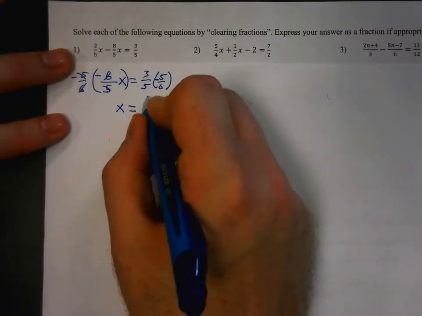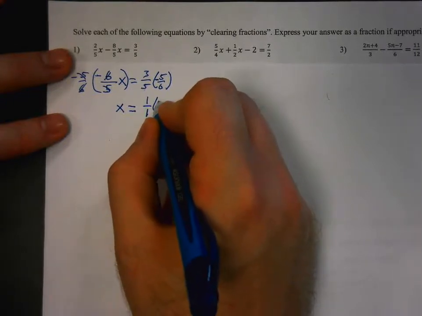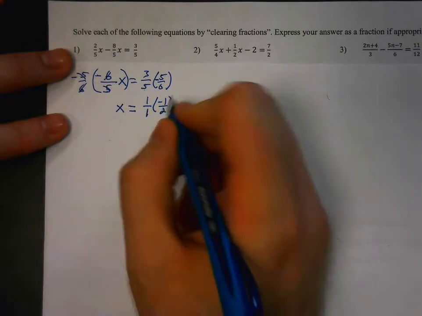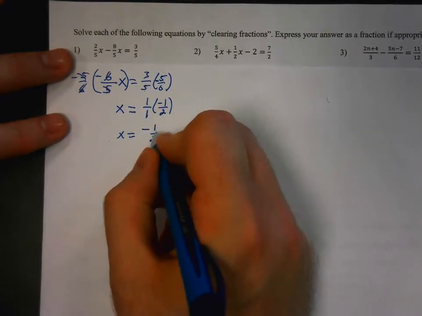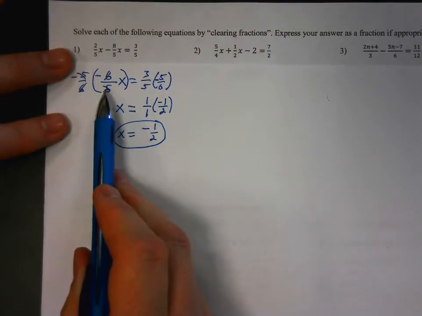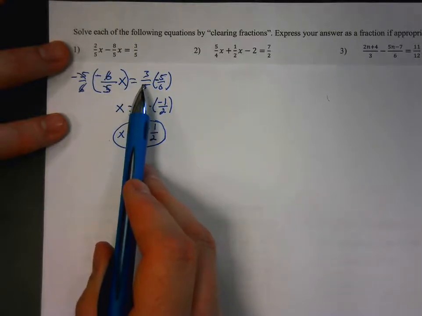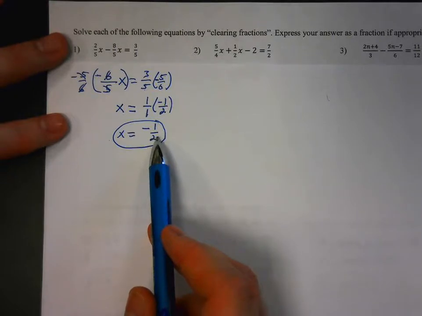So that would be x equals -1/2 for an answer. Okay, or you can take this step right here and you can divide by -6/5. So do 3/5 divided by -6/5, and you should get x equals -1/2 for an answer.